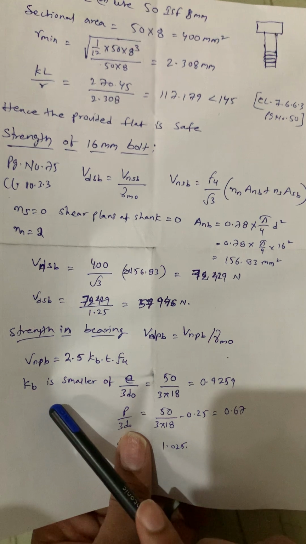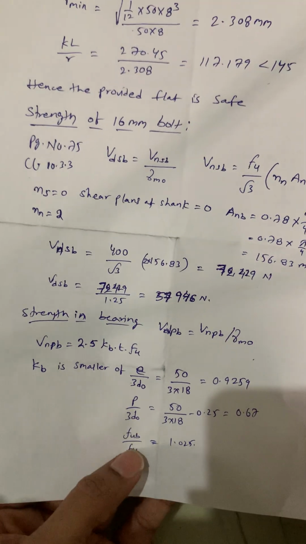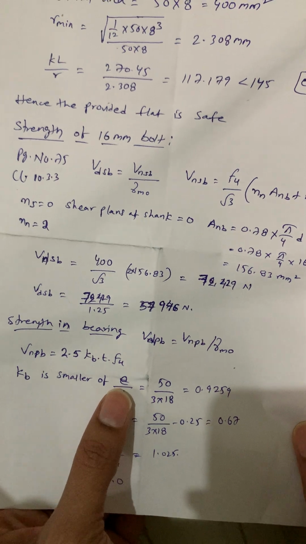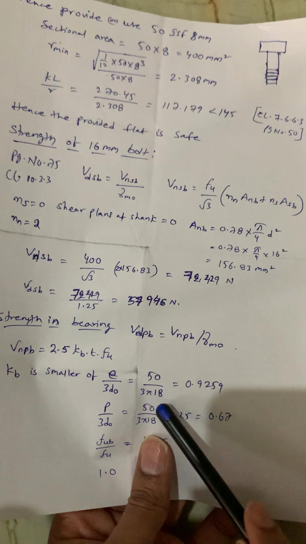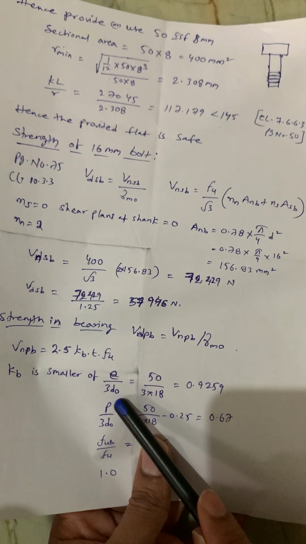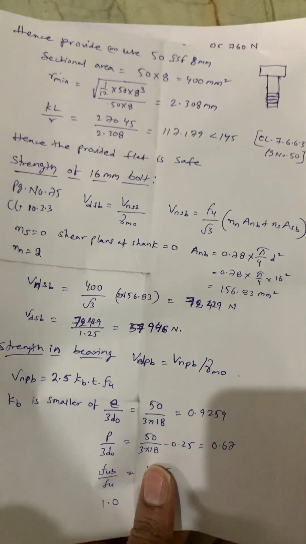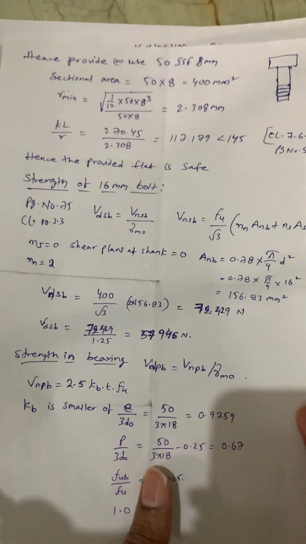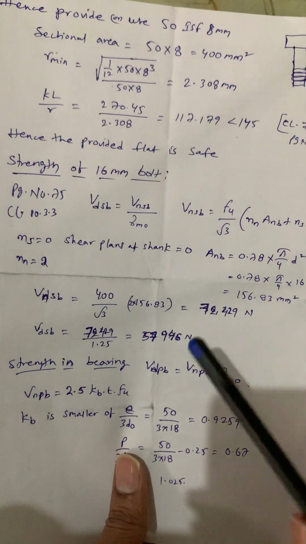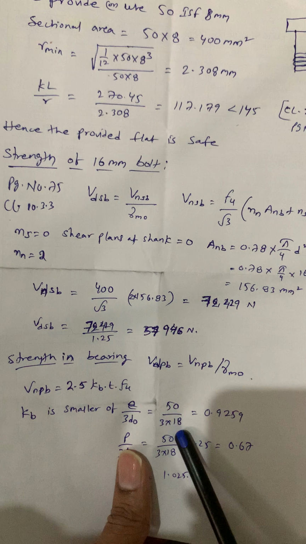The code mentions that KB is the smaller of all these values. So e is nothing but the edge distance, which is 50, divided by 3 into 18. d naught means the diameter of the hole. The diameter of the bolt is 16 mm, but the code specifies that we have to consider an extra 2 mm for the hole diameter. So 3 into (16 plus 2), 18.